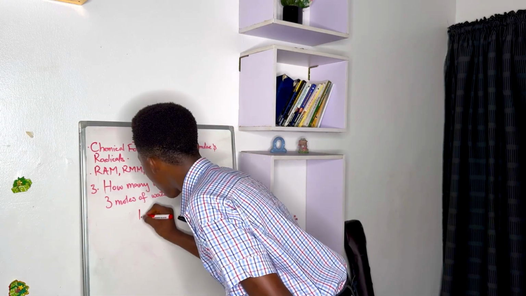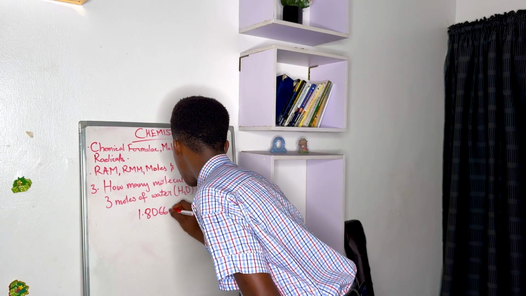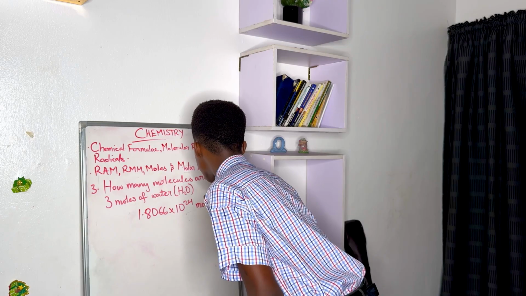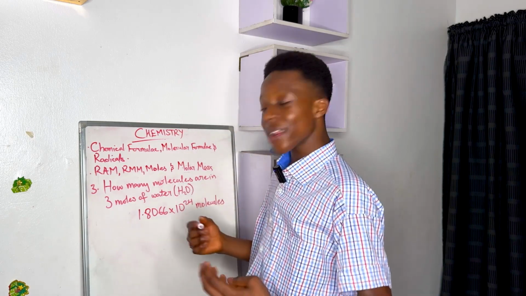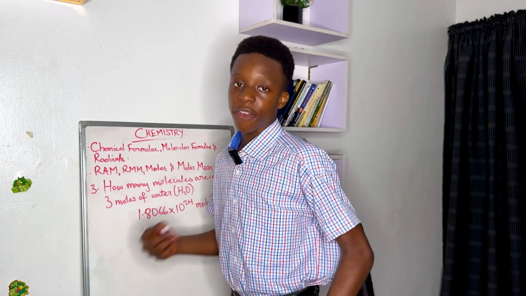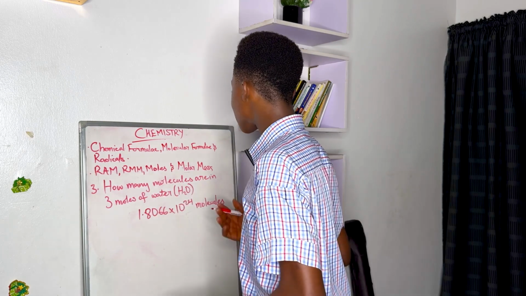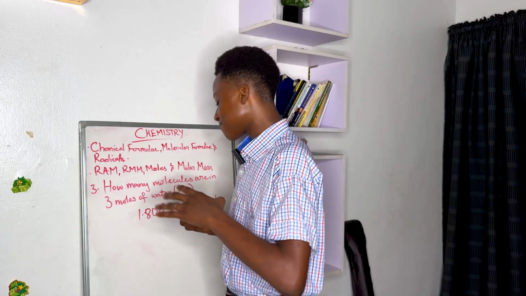Or, to be precise, 1.8066 times 10 raised to the power of 24 molecules. Alright, it was pretty easy. All we needed to do was multiply the number of moles by Avogadro's number to get the number of particles, which was 1.8066 times 10 raised to the power of 24 molecules.